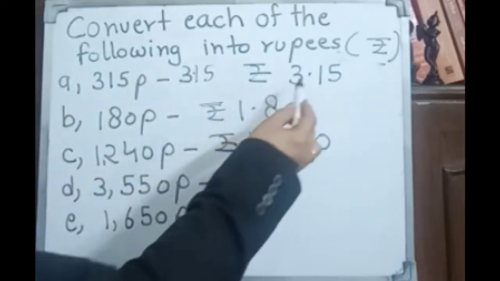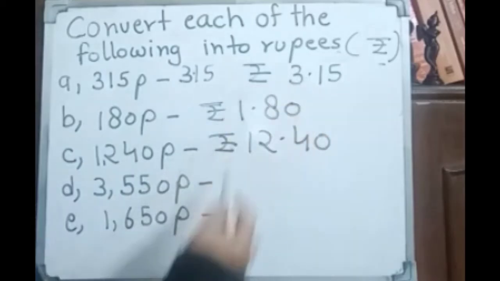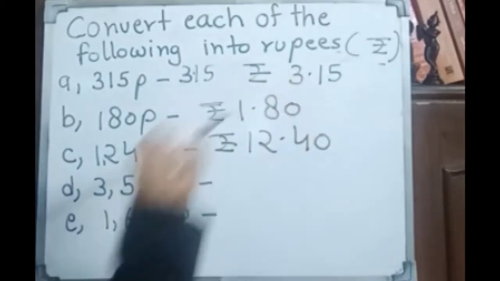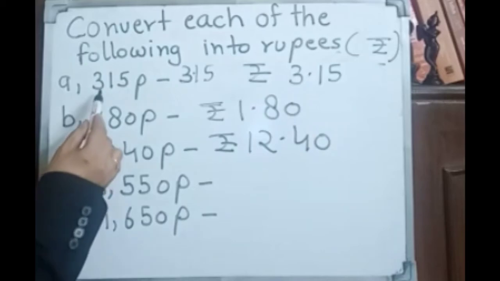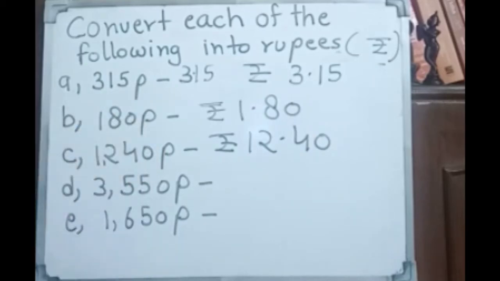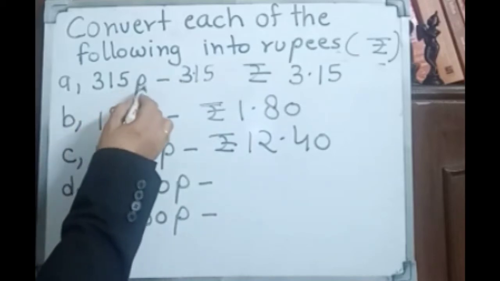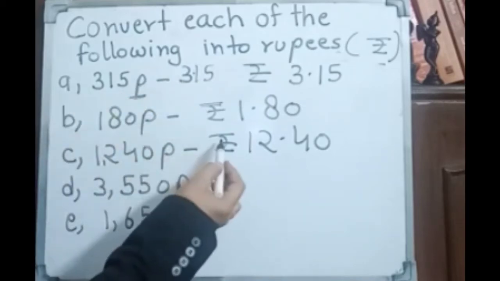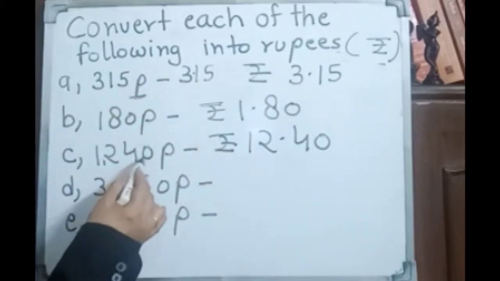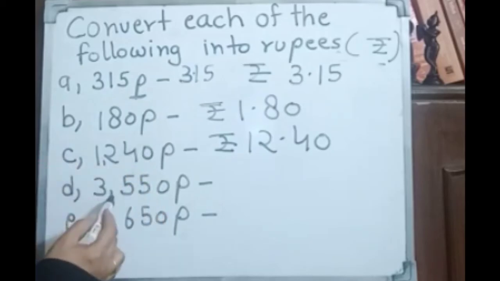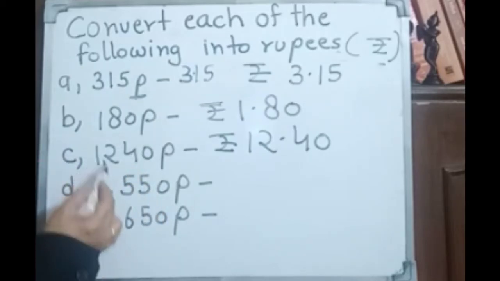In simple terms, if we have a dot, we have to convert this amount into paisa by removing the dot. But if the amount is in the form of paisa and we have to convert it into rupees, then remove this, put the symbol of rupee, put the dot after 2 digits and remove the comma also.